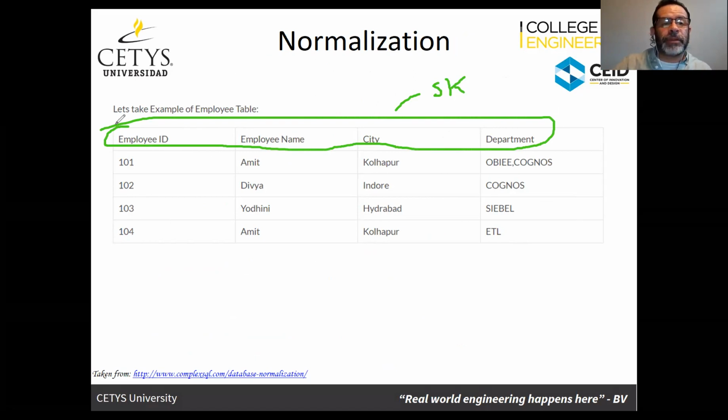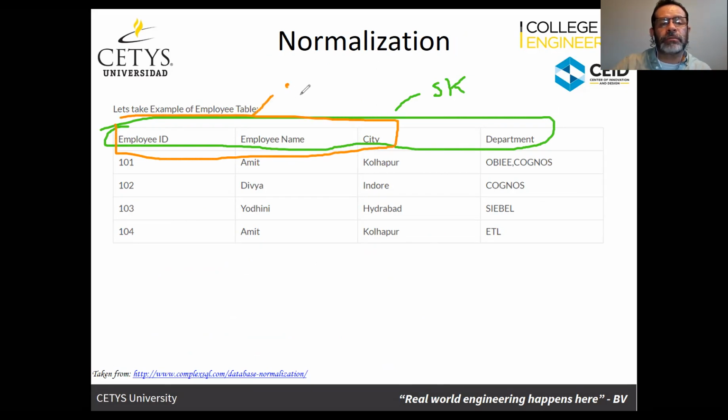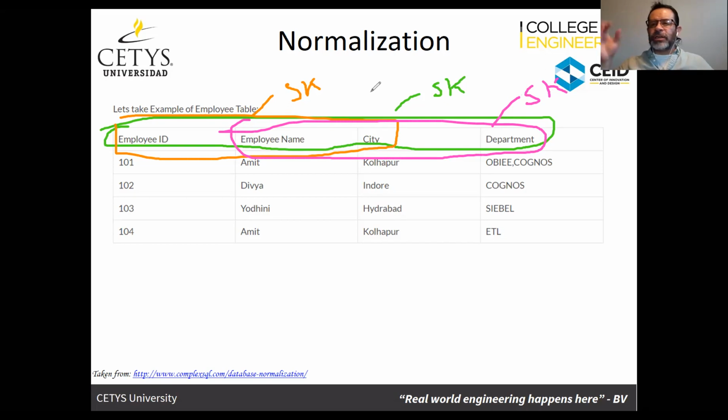So I could grab these 3, and they're also a super key. I could grab these 3 here. This could also be one, and so on and so forth.